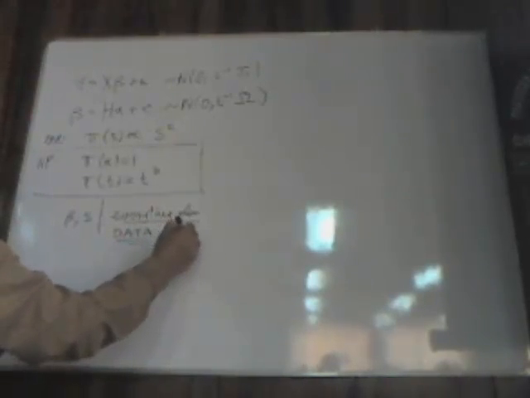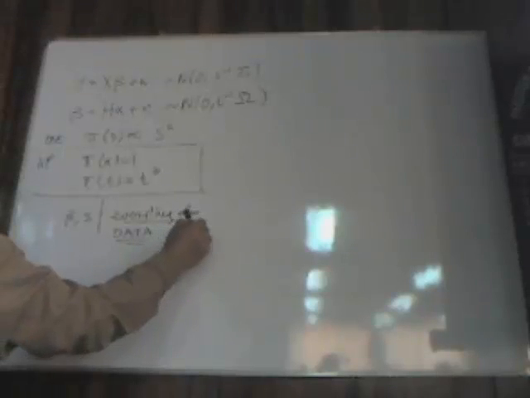Everything else means that we want to condition on the data and also on the hyper prior.